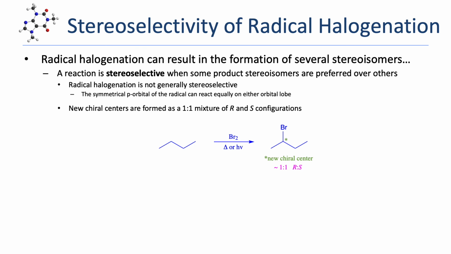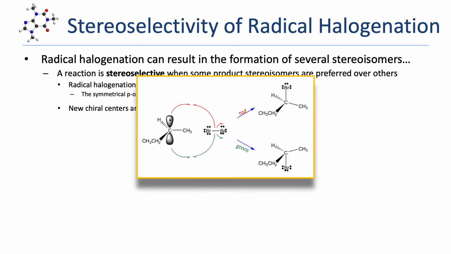And of course, like all things, we can explain this using the reaction mechanism. When the bromine radical abstracts a hydrogen from butane, it forms a radical, and the carbon that has that unpaired electron is sp2 hybridized. It's trigonal planar. The unpaired electron exists in a p orbital. And remember, p orbitals have two lobes and are symmetric.